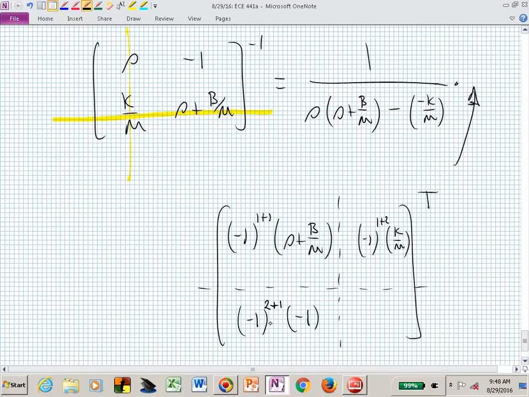Second row, first column. Finally, if I want the cofactor of the 2, 2 entry, I have minus 1 raised to the 2 plus 2, minus 1 to the 4th. That's just 1. But what's left over that I have to scale by? That's just S.